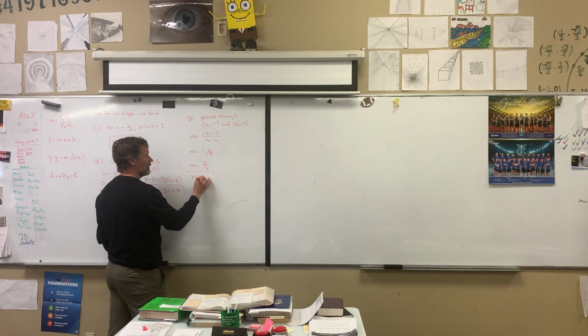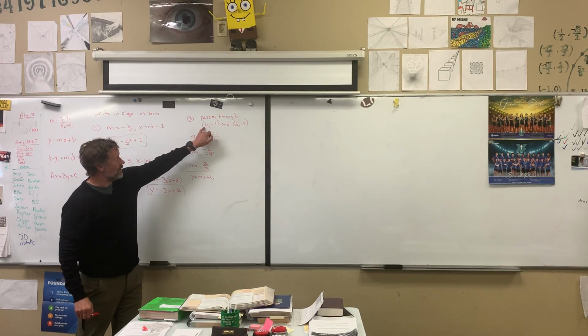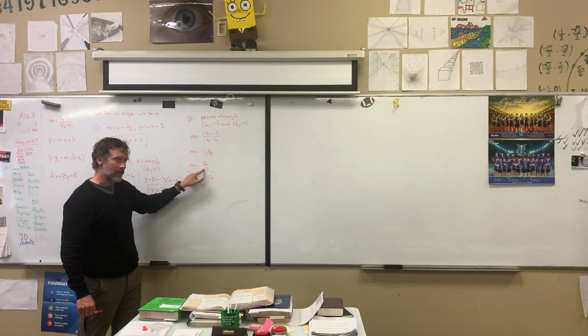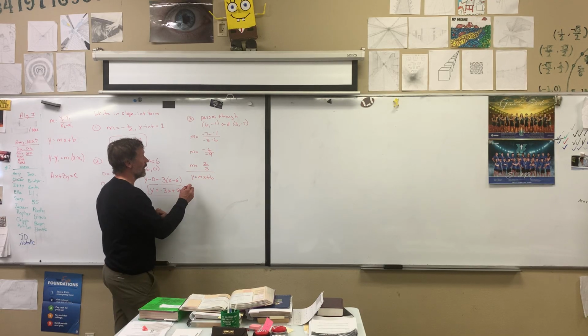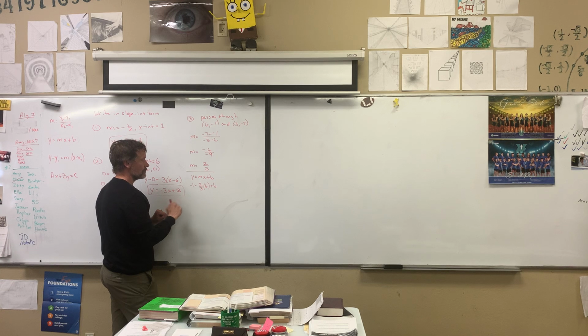I'll write this mx plus b. Again, they gave you an x, a y, and an m. The only thing they didn't give you is a b. We can easily find b by plugging in negative 1 for y, 2/3 for my slope, and 6 for my x, and then b.